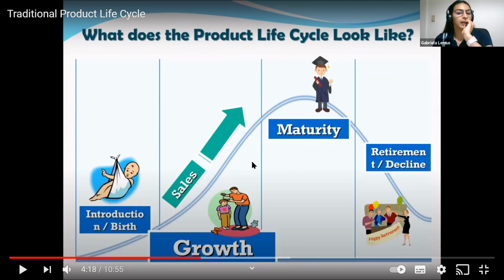For me, introduction, because you have to invest more so your target can recognize you.